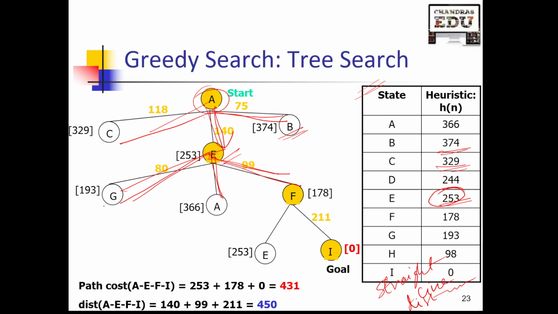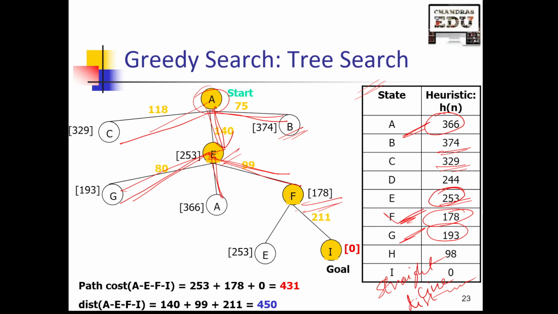So among these three, G, A and F: A is 366, G is 193, and F is 178. So among these three, 178 is the lesser one, so the F node is considered next.